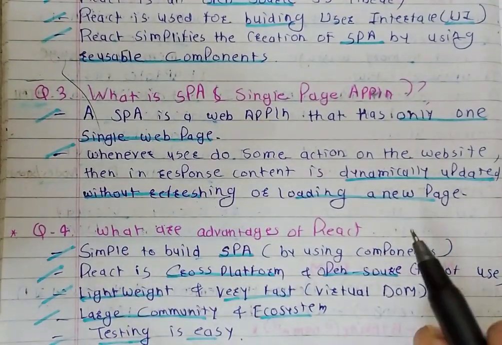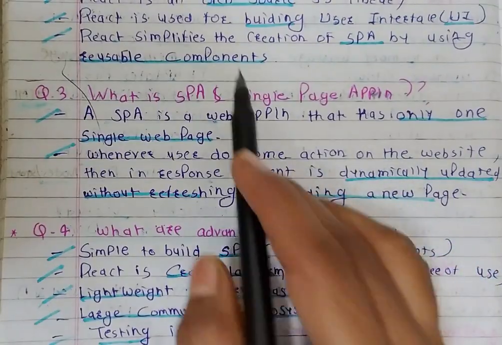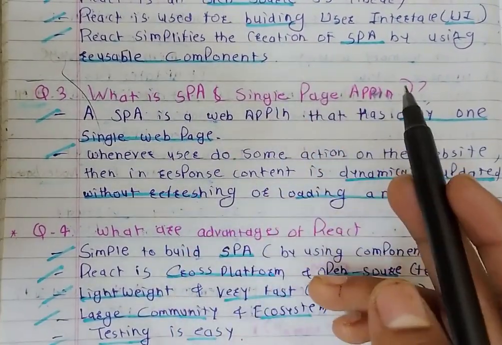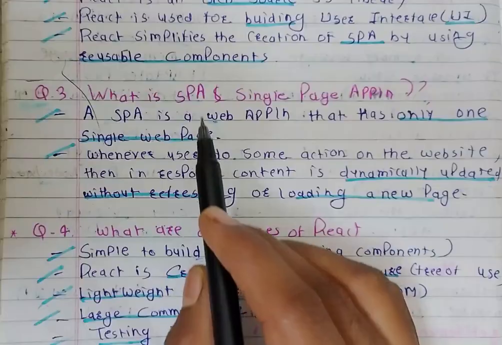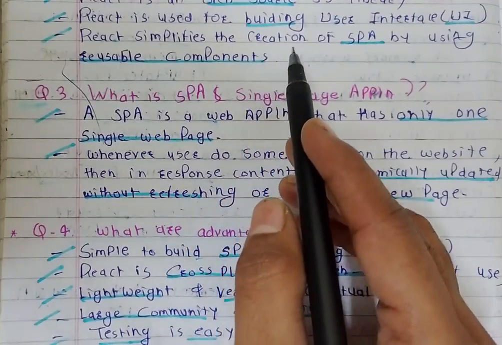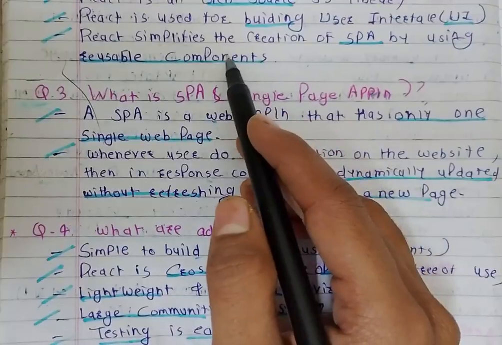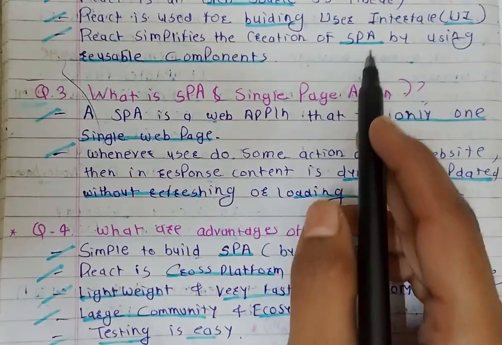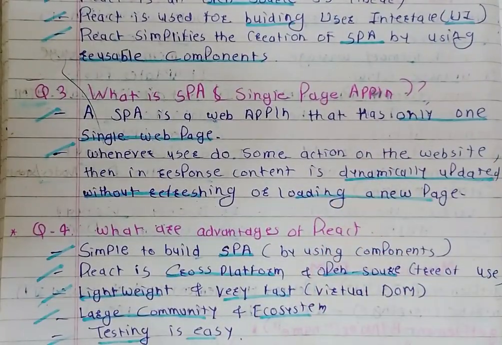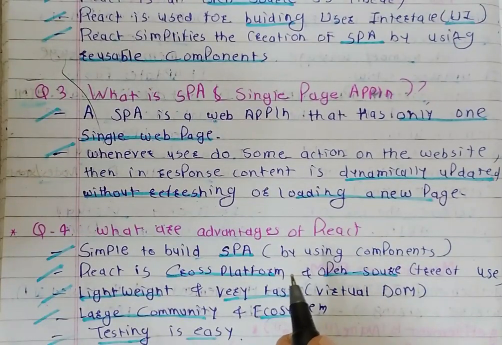We can also create dynamic components by passing data as props, like for a particular input we just need to pass its type and value, so it is reusable, which simplifies the creation of single page applications. React is basically a single page application, so there is only one page, which is simpler because there is no need to create so many pages and deal with those complications.